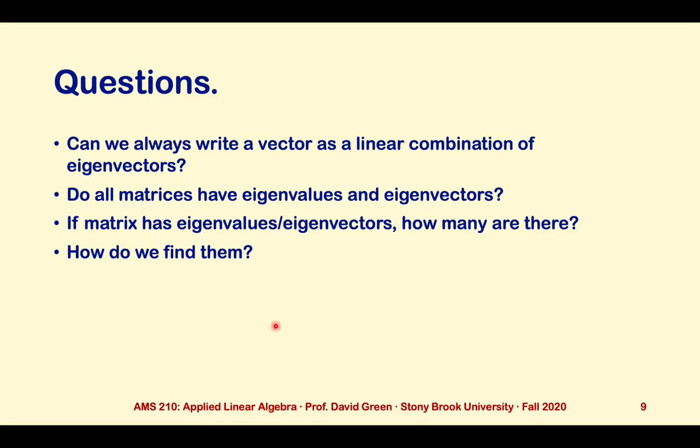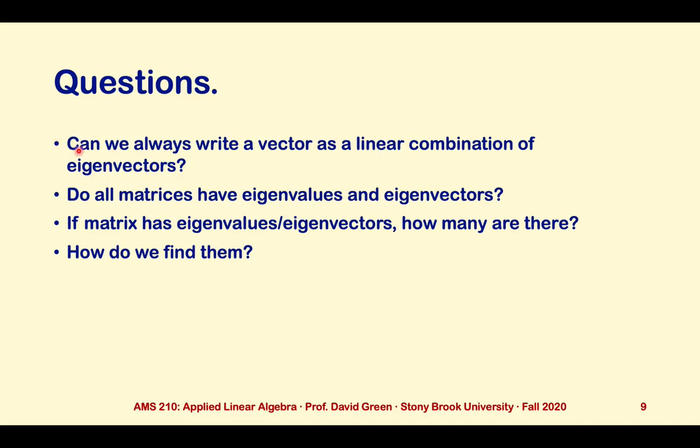So there's a utility to eigenvalues, but there are still some important open questions. One of the biggest ones is the first: can we always write a vector as a linear combination of eigenvectors? If we can, we can do some interesting things, but is it possible to do so?